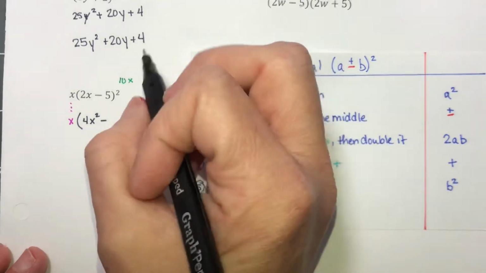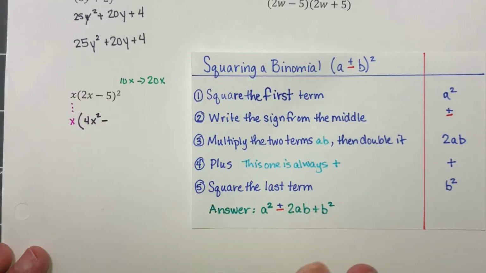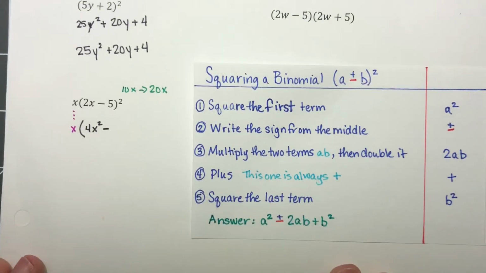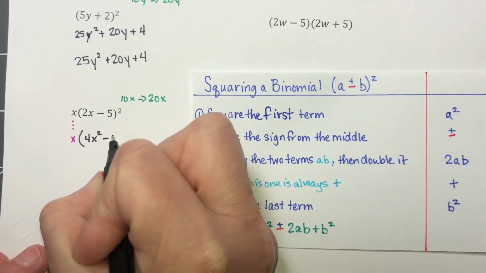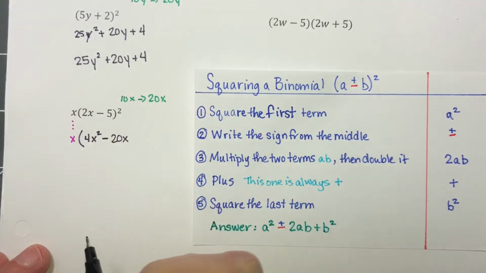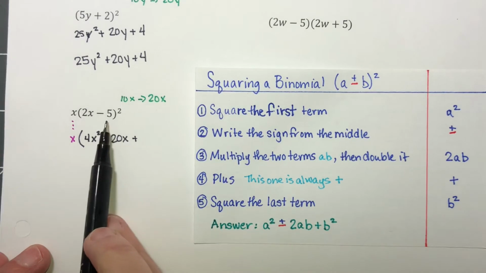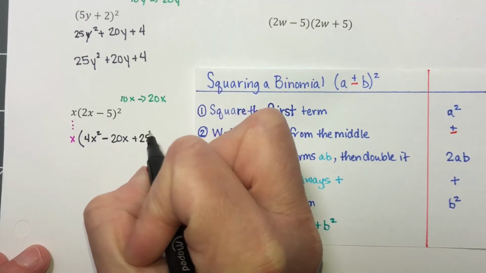And now we need to double it, which would give me 20x. If that seems familiar, it's because we had the same number of values on the previous problem. Okay, so we have minus 20x, plus, remember this one's always a plus, then you square your last term, 5 squared is 25.